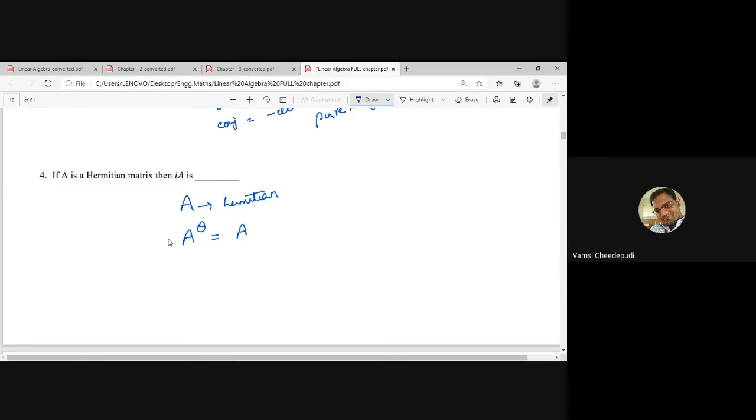Now I need to analyze i into A. Let us take i into A and take the power theta. So i power theta, the conjugate of i, so can I write i bar here, and A power theta?